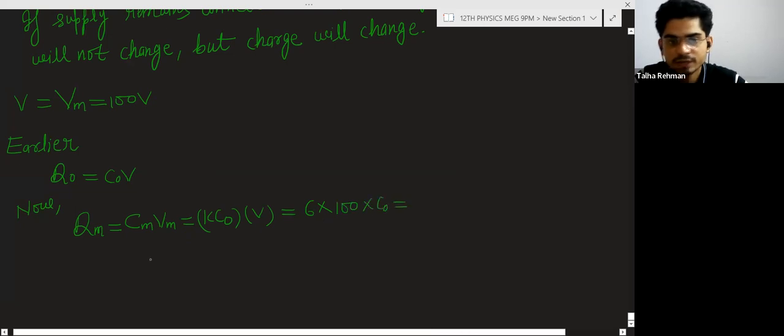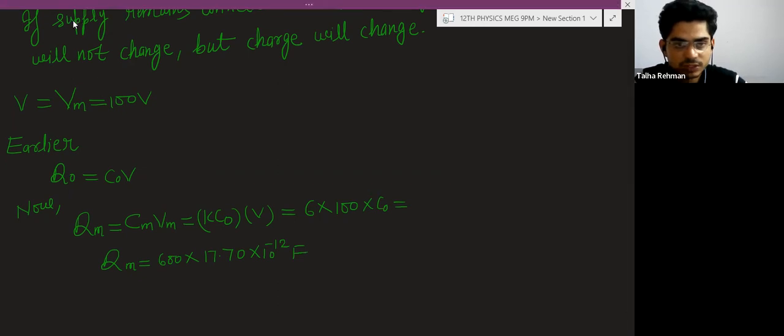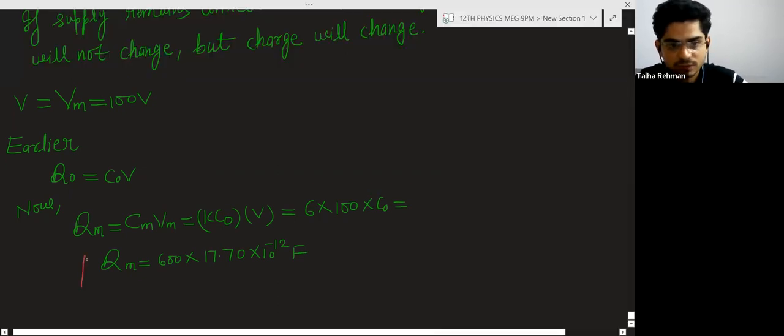So Qm will become 600 times 17.70 into 10 to the power minus 12 farad. So now the charge is this, meaning the charge will increase.